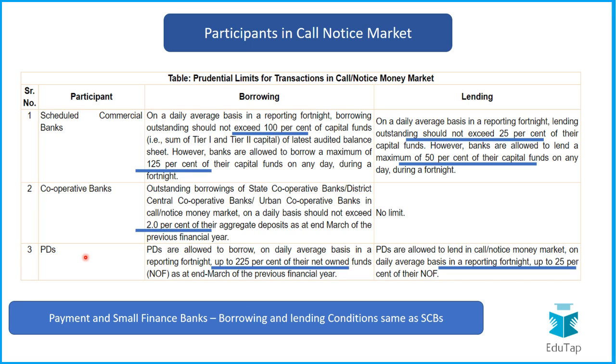And the most important point that you should remember, which is a very important development, is that payment and small finance banks have also been allowed to participate in call notice market, right? This is a very important development which happened in 2018.